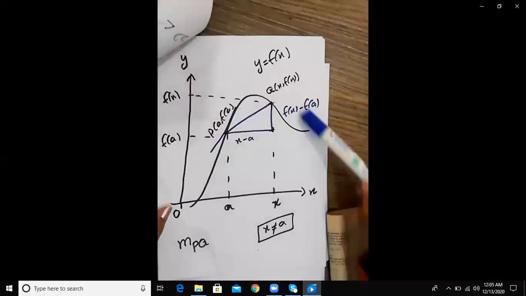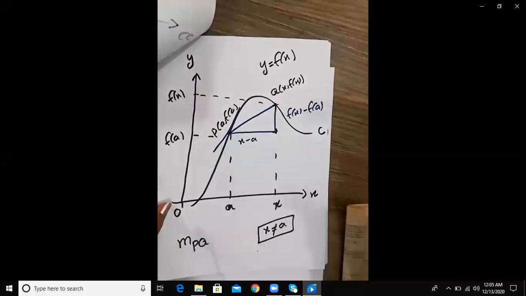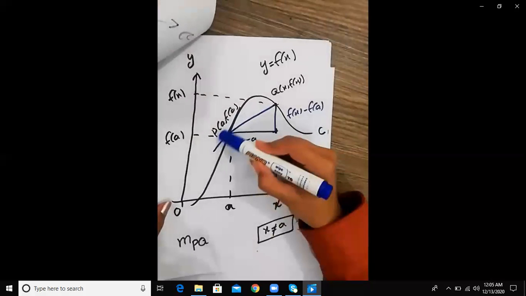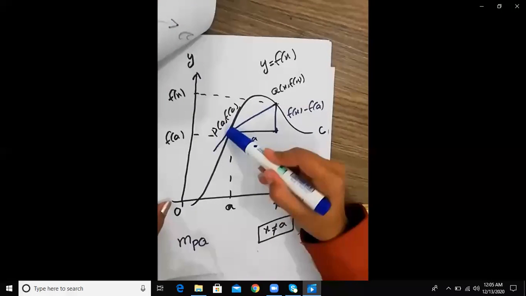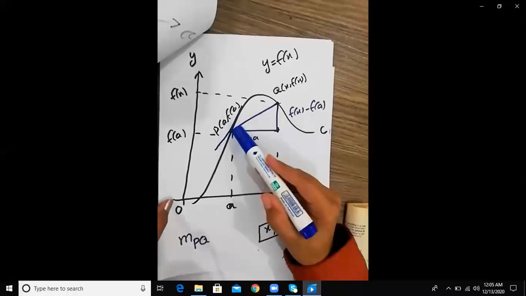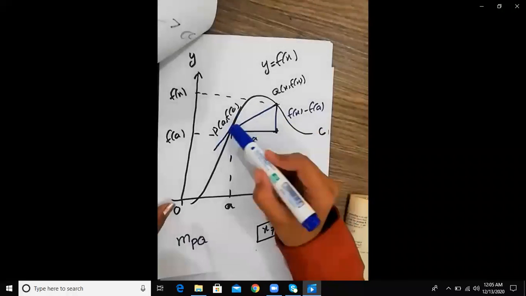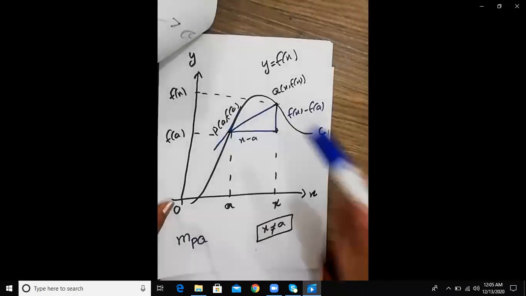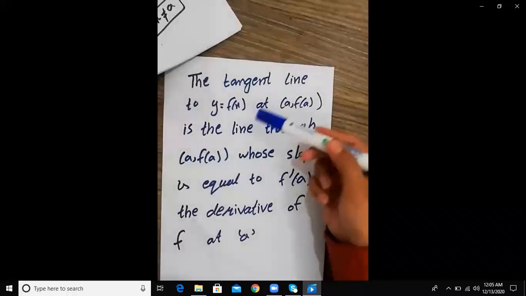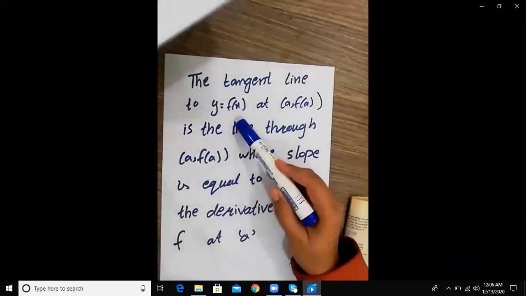This is the graph of the curve. This is the curve, and this is the point P. The slope of the curve at point P is equal to the slope of the tangent line at point P. If this is the tangent line, then the slope of the curve is equal to the slope of the tangent line, which is the derivative of the function.